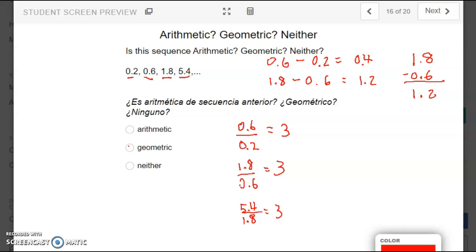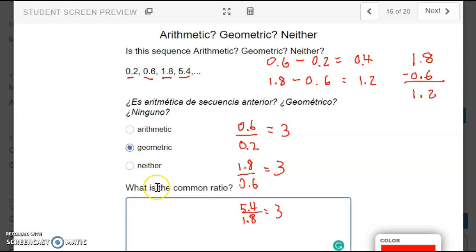Okay, so I'm going to click geometric. Then it's asking what the common ratio is, and I'm going to say the common ratio R is equal to 3. Then I am going to submit.